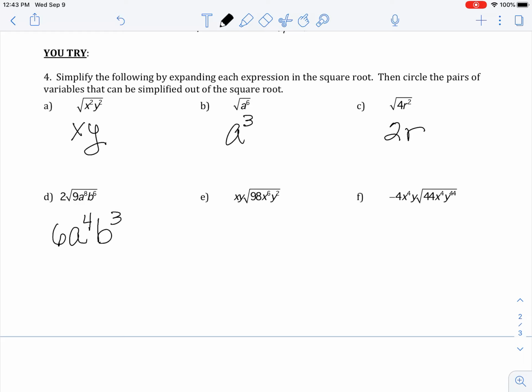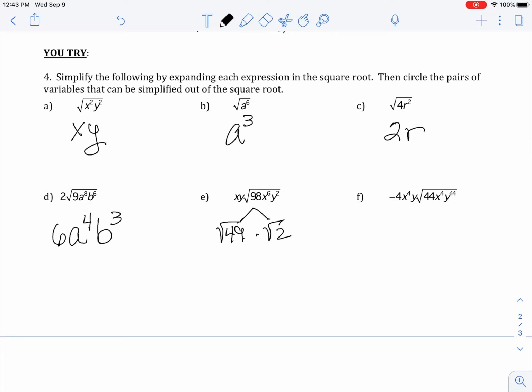For E, we have an x and a y outside of the radical. So whatever comes out will multiply the x and the y. Root 98, you need to find the largest perfect square that divides into 98. So root 49, root 2. You can take your calculator and go through the perfect squares.